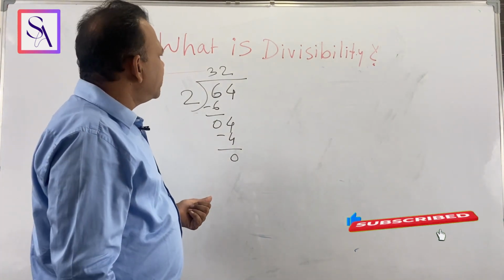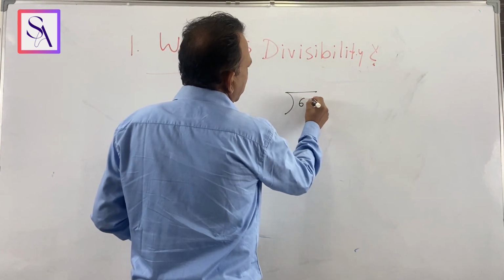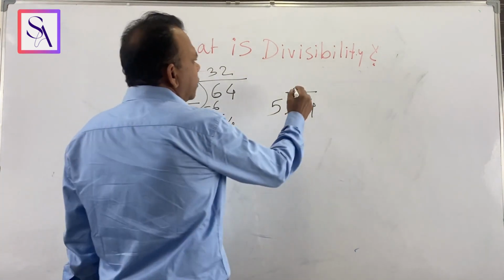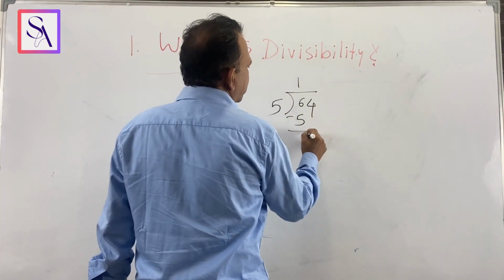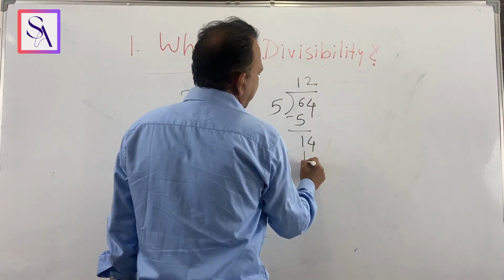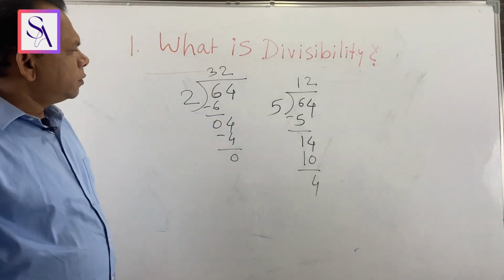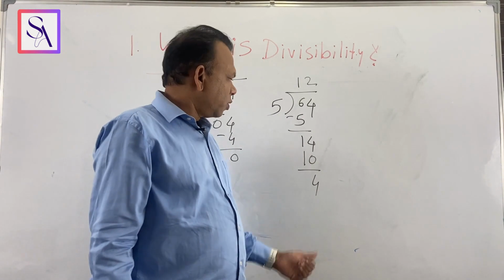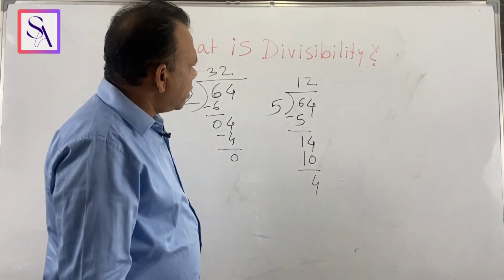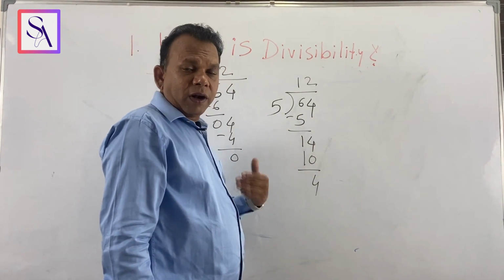Correct. Take another example. If I divide the same 64 by 5, 5 ones are 5, 1, 4, 5 twos are 10, 4. Further I cannot do it, right, because remainder is 4, there is no number here. But we can solve it further, right? We have learned those things.